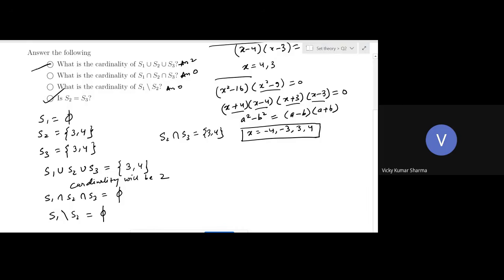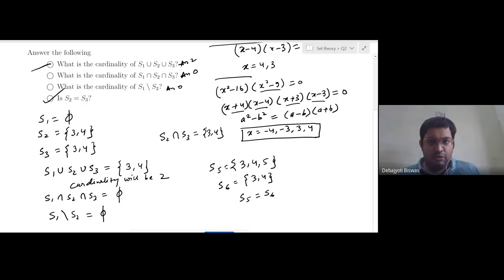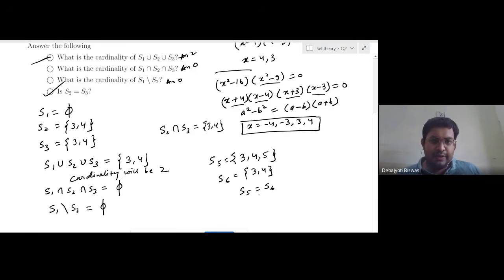Devjyoti, if we had some hypothetical set S5, which has elements 3 comma 4 comma 5, and I have my set S6, which has elements 3 comma 4. Is S5 equal to S6? No, S5 is not equal to S6.